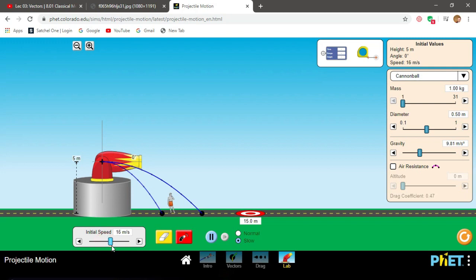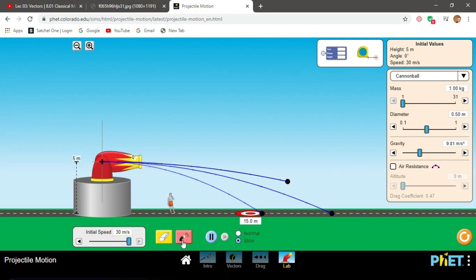And as I increase the speed more and more, you'll find that as I increase the horizontal velocity, it takes the same time to fall to the ground, but as it's doing so, it will reach a greater horizontal range. Okay, now that's a very important principle.